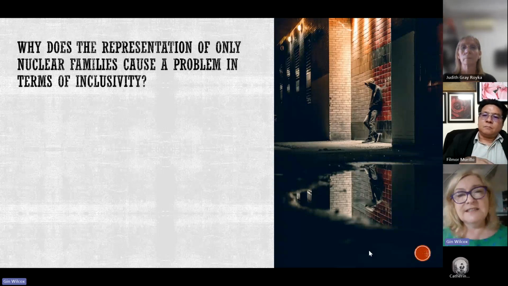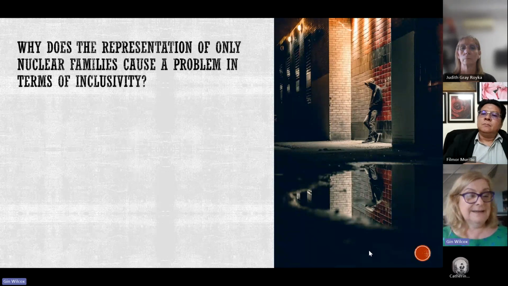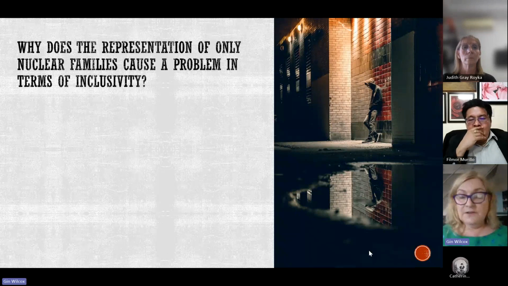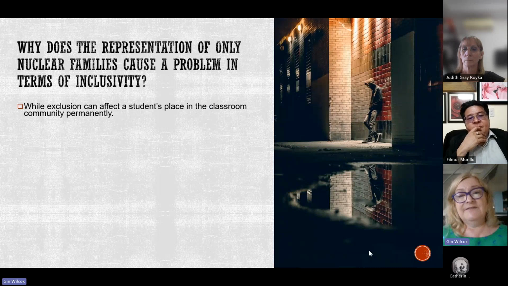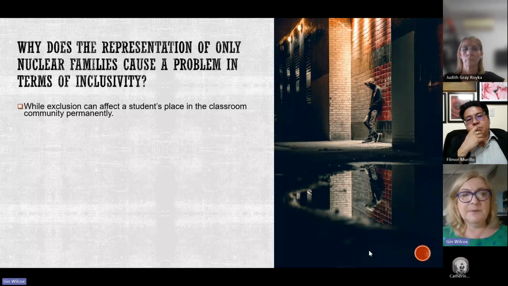So why does the representation of only nuclear families cause a problem in terms of inclusivity? While exclusion may affect a student's place in the classroom community permanently, there are more serious and more significant exclusions than the family representation.